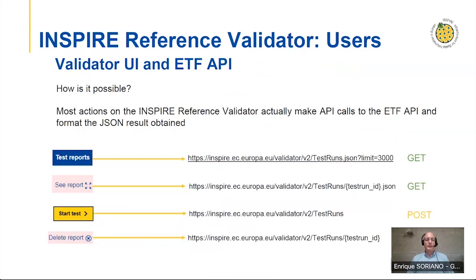Then to clarify, moving on to a new topic, we now want to provide you with a little more insight on the use of the API, as we have commented. This API of the validator is used by different parts of the UI.